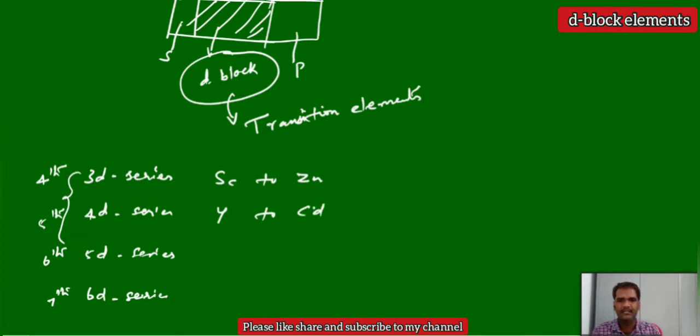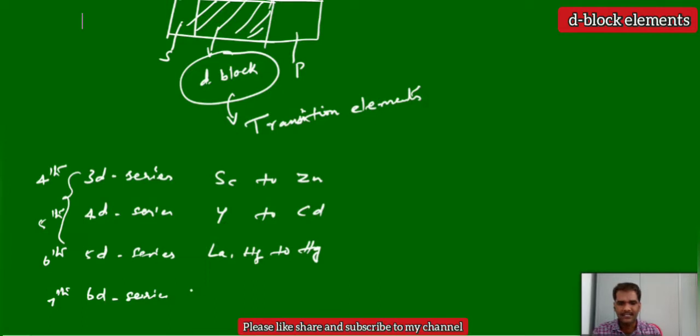The starting element is yttrium and the end element is cadmium. In the case of the 5d series, it starts from lanthanum, but in between we have a gap, the lanthanide gap, and then immediately we have hafnium, then hafnium to mercury.